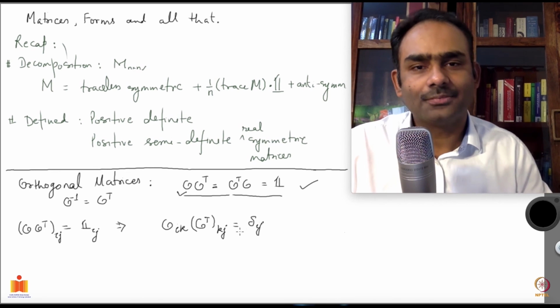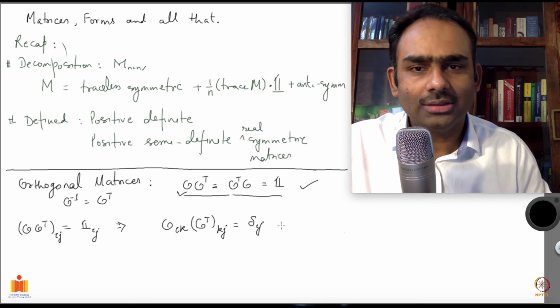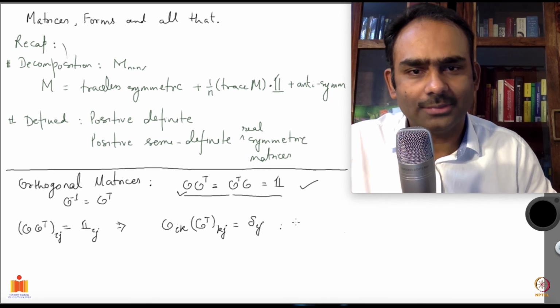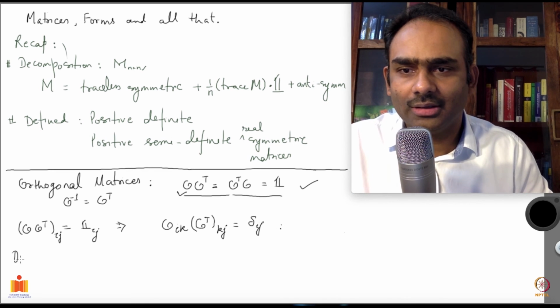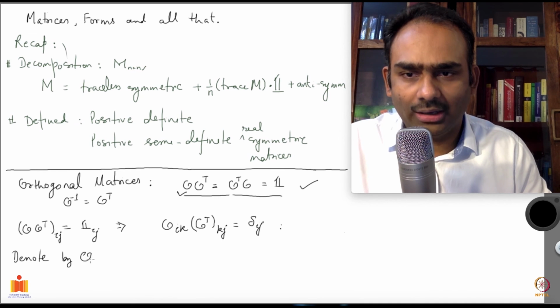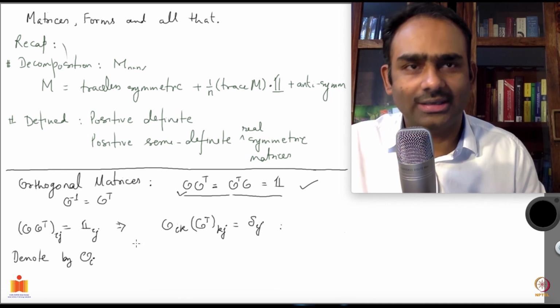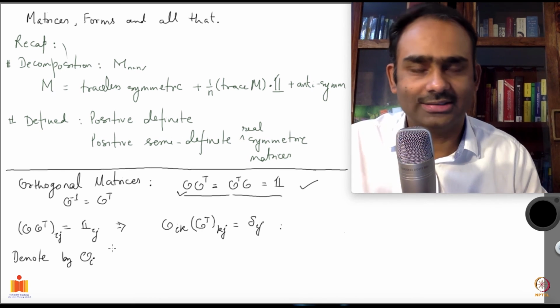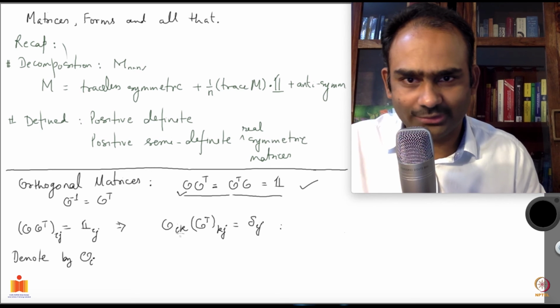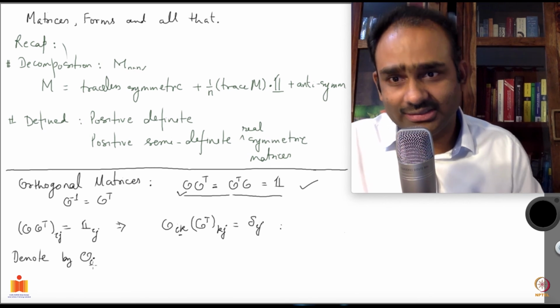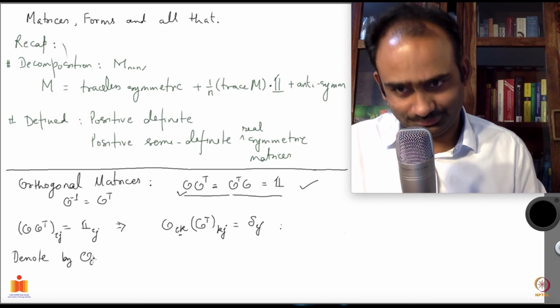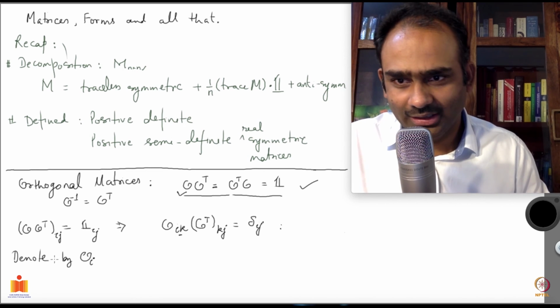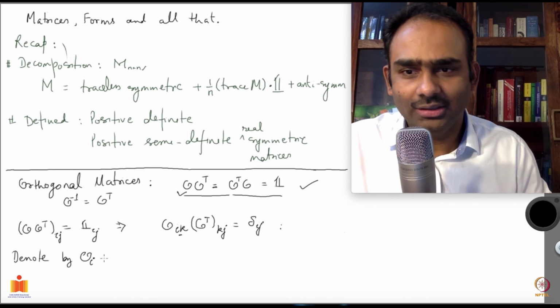Okay, that's good. Now let me denote by O_i the ith row of the matrix O. See, O_i is not an element of the matrix O, because any element will have two indices, ij, kl, whatever you want. So clearly this is not an element of your matrix, so there is no confusion.